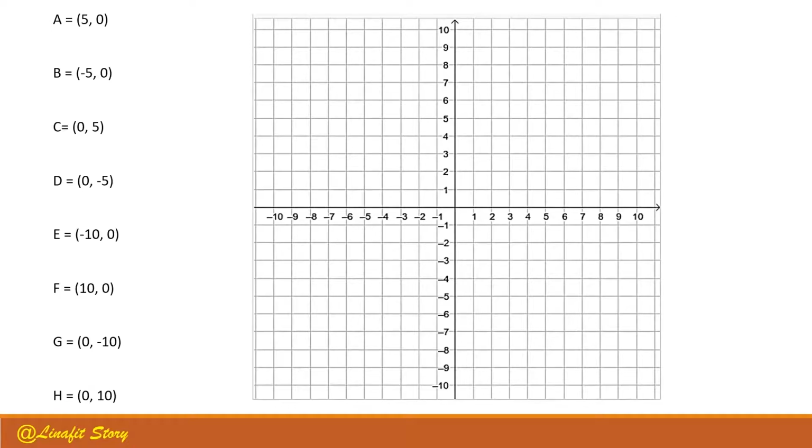Now here, plot the set of points. A, (5, 0). 5 is x, 0 is y. Next, point B, (-5, 0). C, (0, 5). 0 is x, 5 is y.